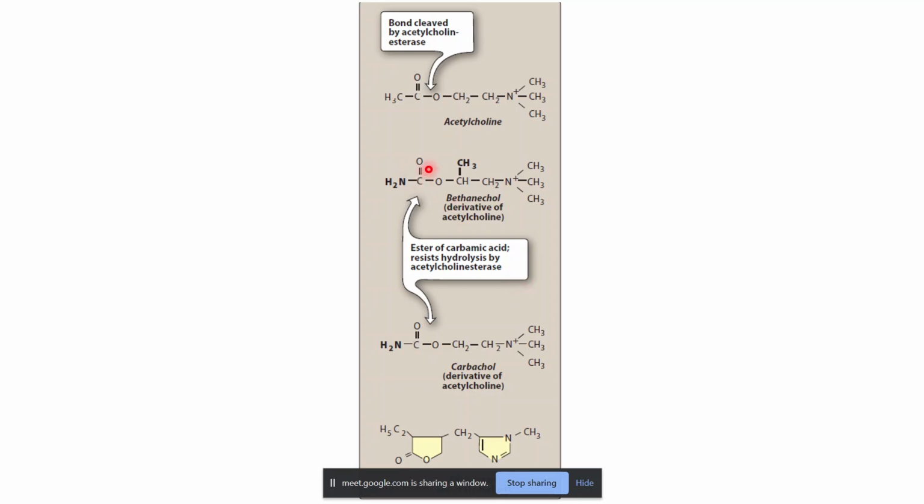Still, the esters of carbamic acid are more resistant to hydrolysis by acetylcholinesterase, but they can still be degraded. Pilocarpine is more stable to acetylcholinesterase because there is no ester bond here, and that's why its duration of action is much higher.